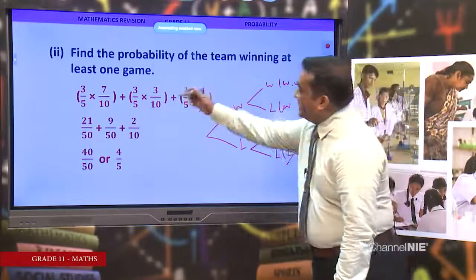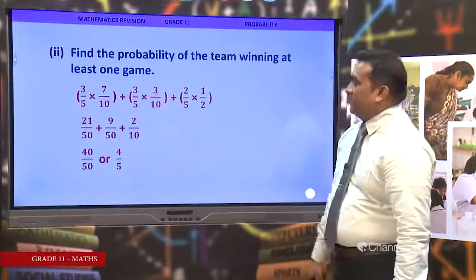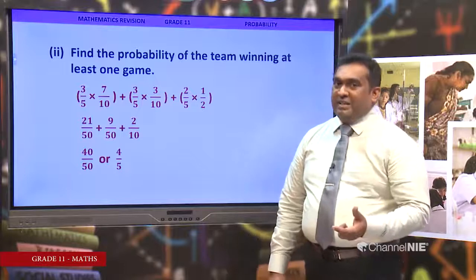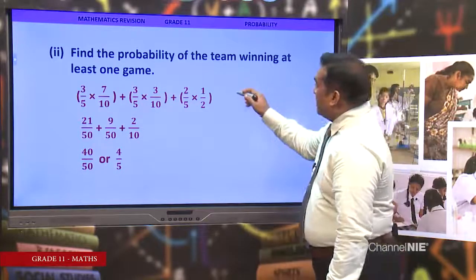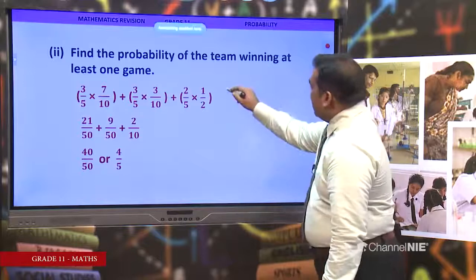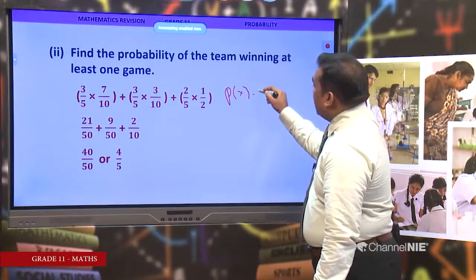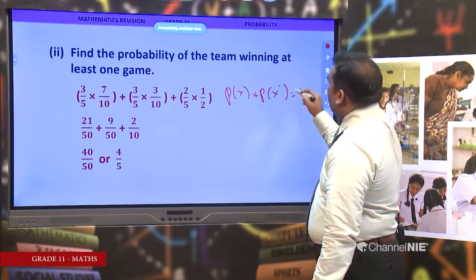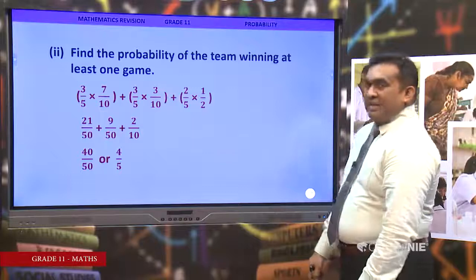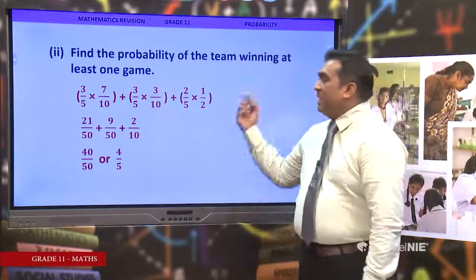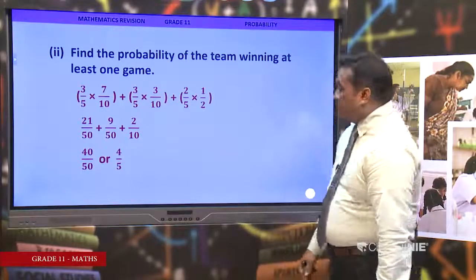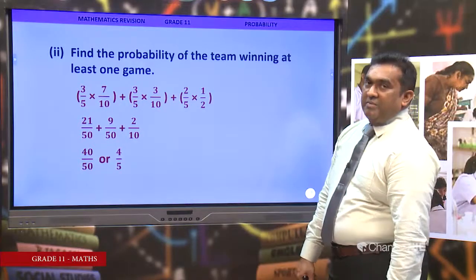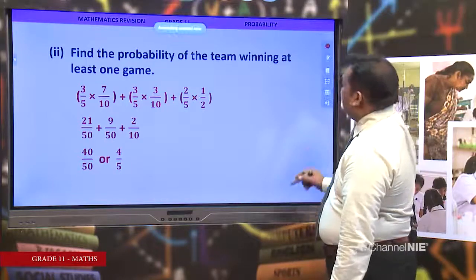That is what you can see here. Both are correct. Complement of an event, remember it. If you consider two events like this, probability of x plus probability of complement of x is equal to 1. Using that relation also you can consider the probability of the team winning at least one game.